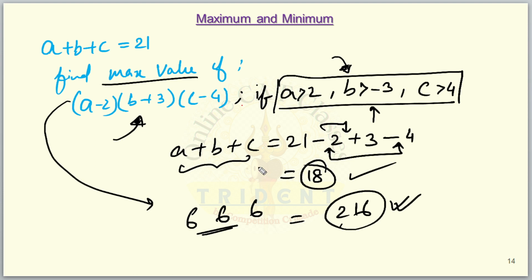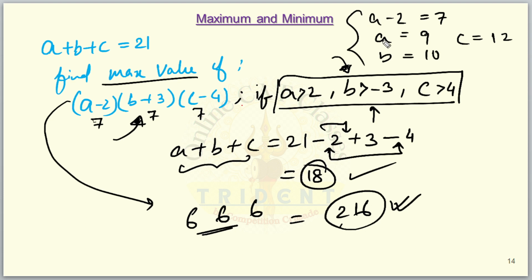Okay. You can think of the numbers as, why not, let's do all of them equal to, let's say, 7 and 7 and 7, and then A minus 2 is equal to 7, so A will be 9, and then B will be, let's say 10, and C will be 7 plus 4, that is 12.